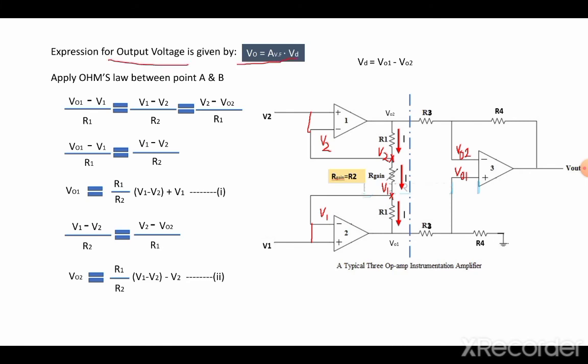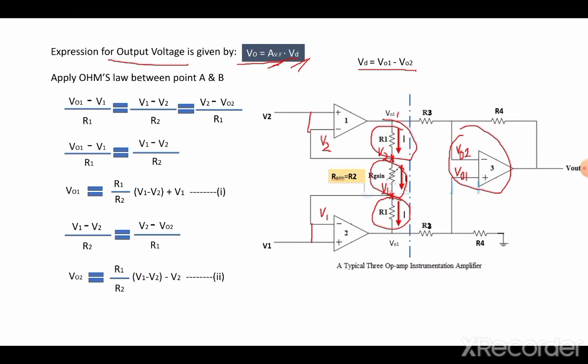V0 is equal to the voltage follower gain AVF multiplied by the difference in the two input voltages of the op-amp. Vd is nothing but V01 minus V02. Now if we apply the current equation, the current here will be the same. If we write the voltage drops, the voltage drop across each unit will be equal to each other.